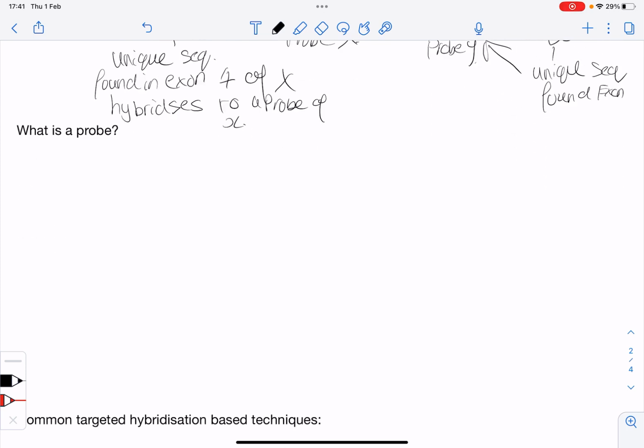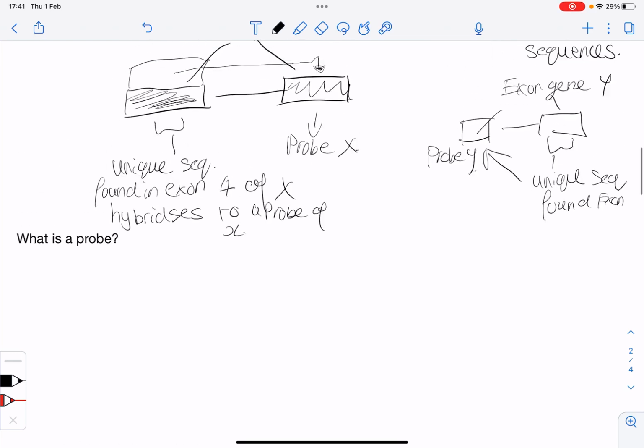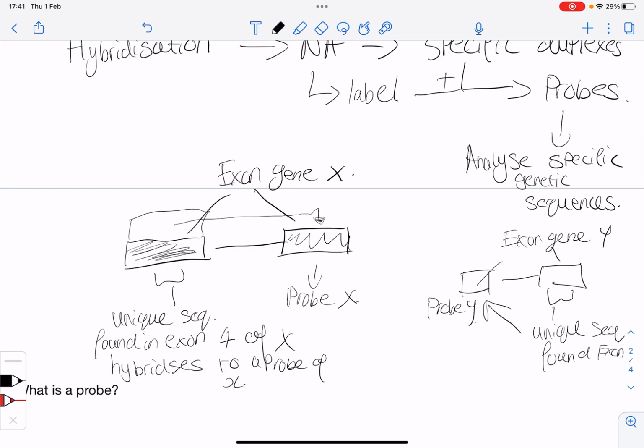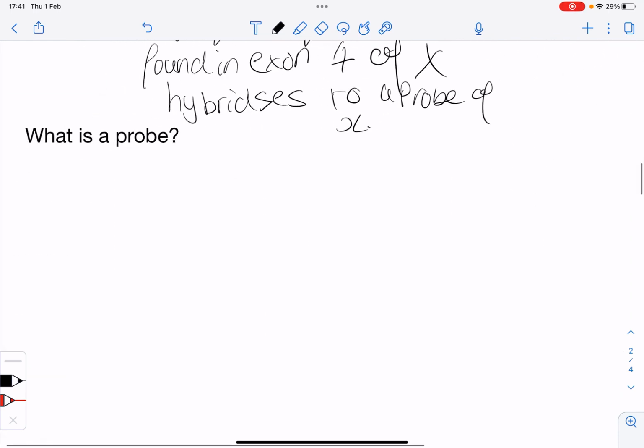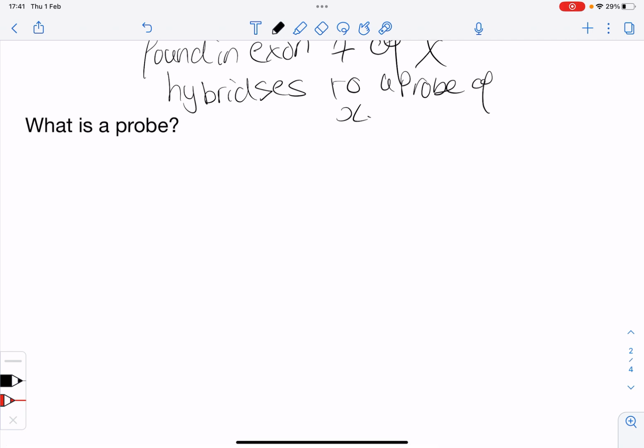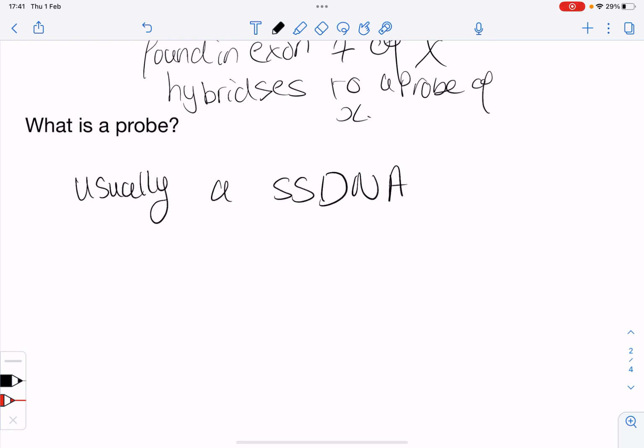So people may be asking, okay, we know that probes are used to identify specific exon genes, but what is a probe? To zoom in further, usually a probe is composed of single-stranded DNA or RNA molecules.